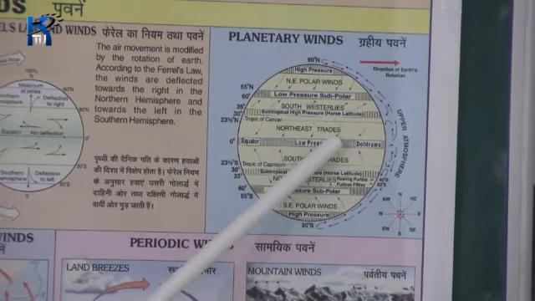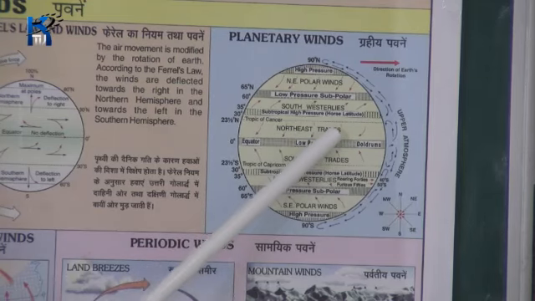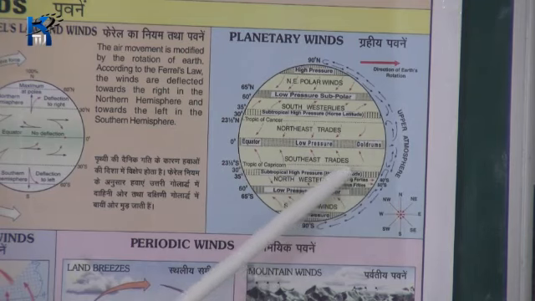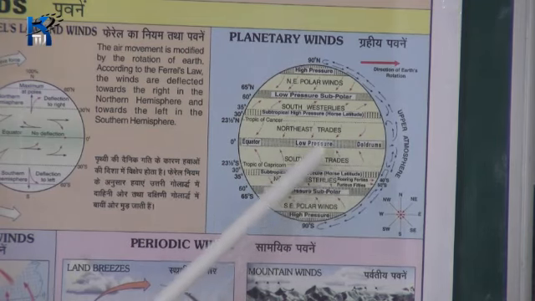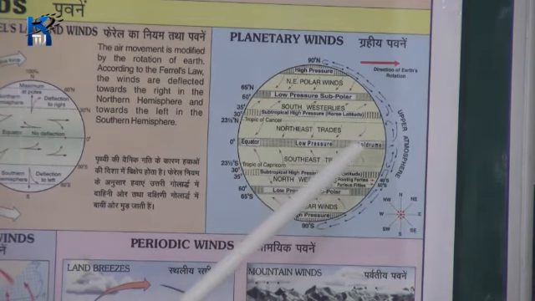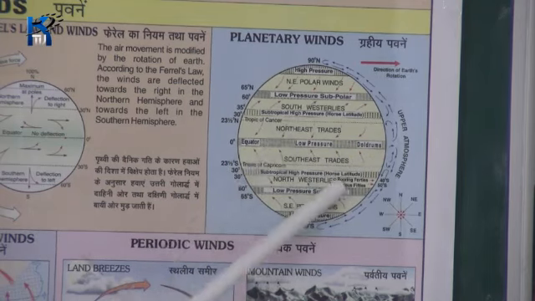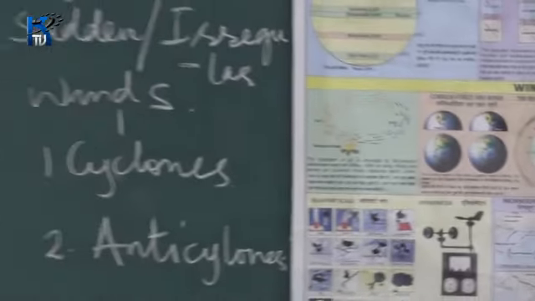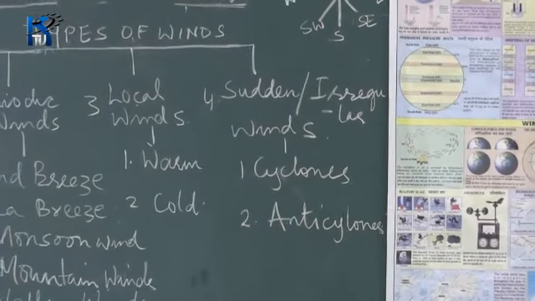So these winds are known as northeast trades. And in the southern hemisphere, they blow from the southeast, so they are known as southeast trade winds. In the southern hemisphere, they deflect towards the left. So these are the 2 trade winds according to their name: northeast trades and southeast trades.